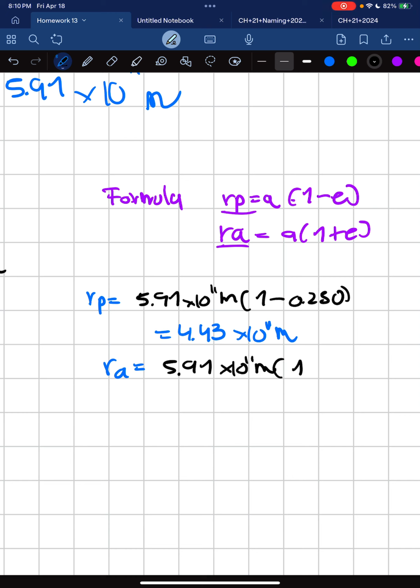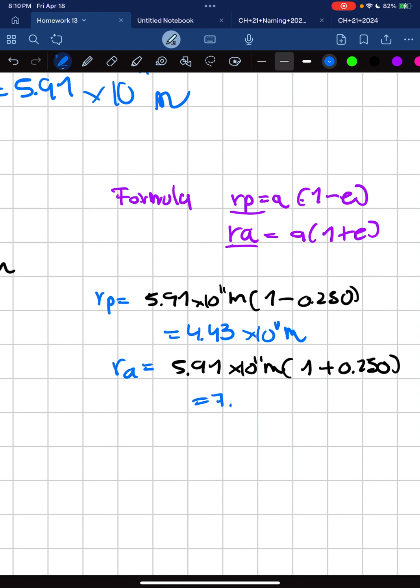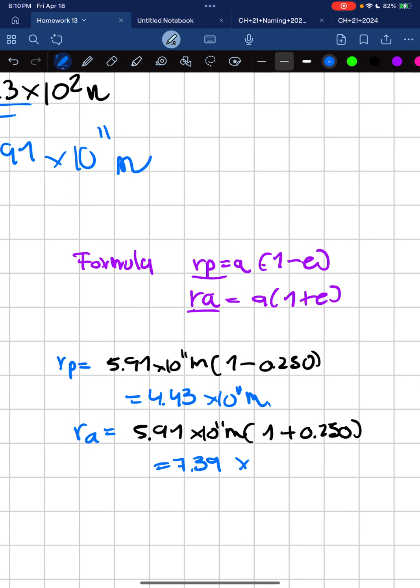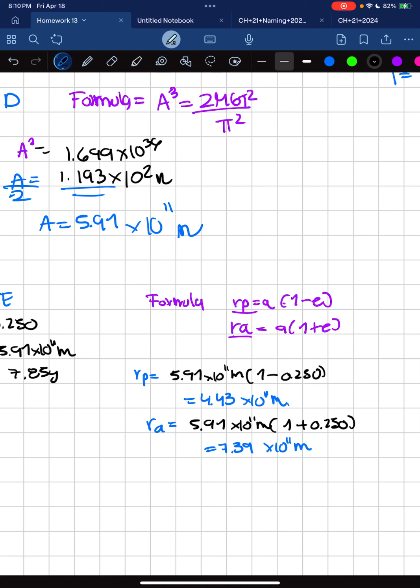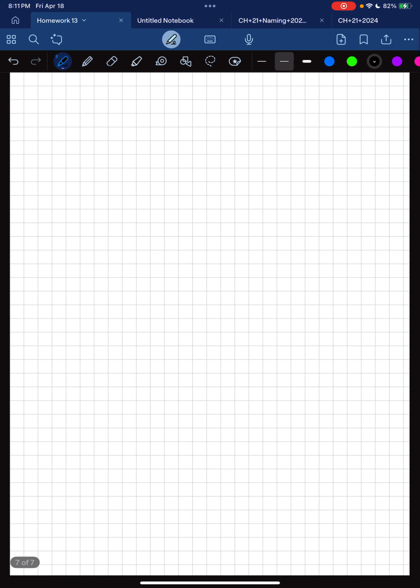So it's going to be 1 plus the eccentricity, we do the sum in this case. And then we get 7.39 times 10 to the 11. So the radius of the perihelion and the aphelion are 4.43 times 10 to 11 and 7.39 times 10 to 11, and this is your answer. Now let's continue with part F.